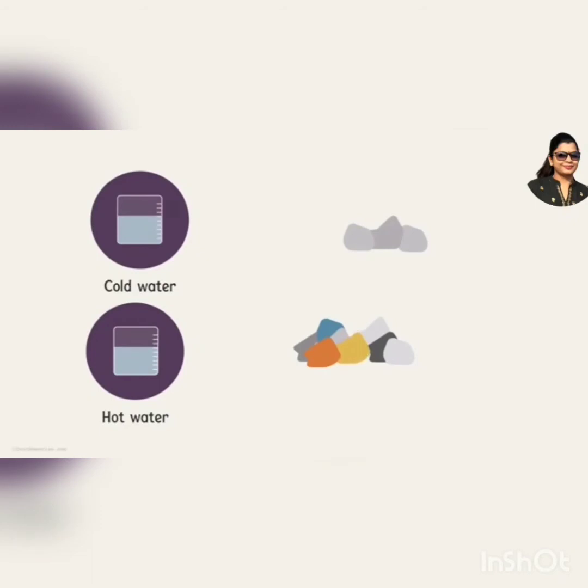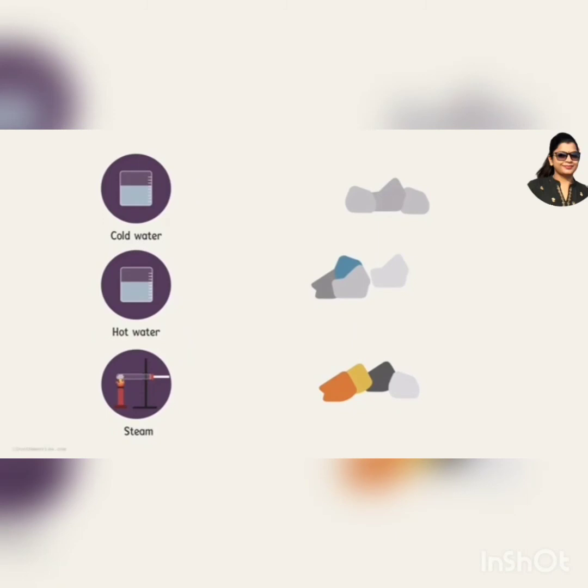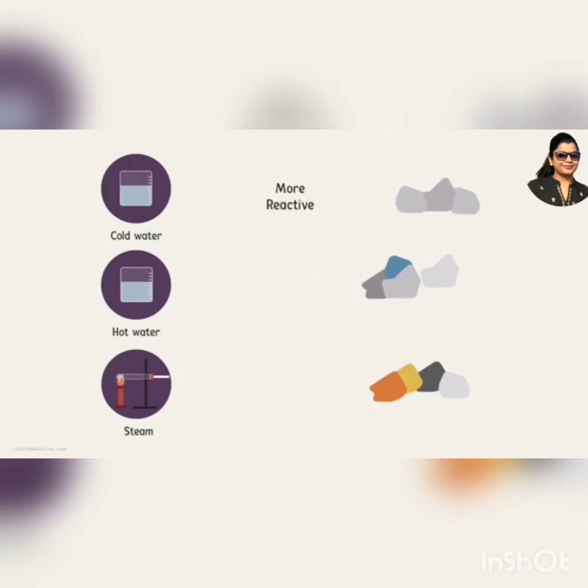Again, some will react with hot water and some won't. Those that don't react with hot water, we see how they react with steam. That will give us the order of reactivity. Ones which react easily with cold water are more reactive, and the ones which required steam to react are not as reactive.